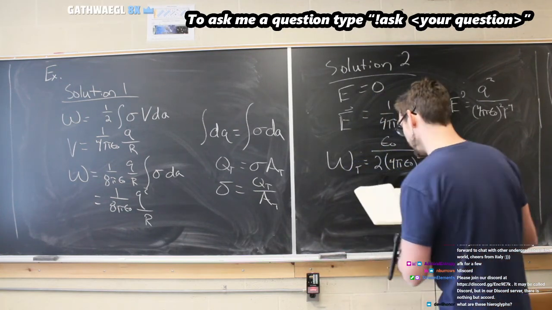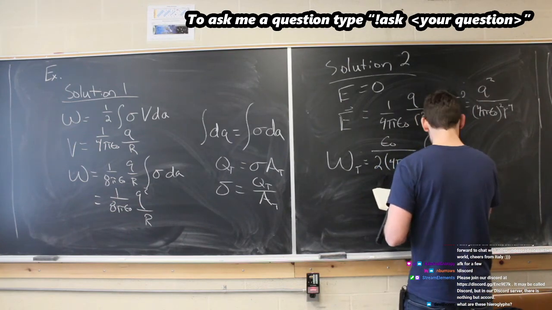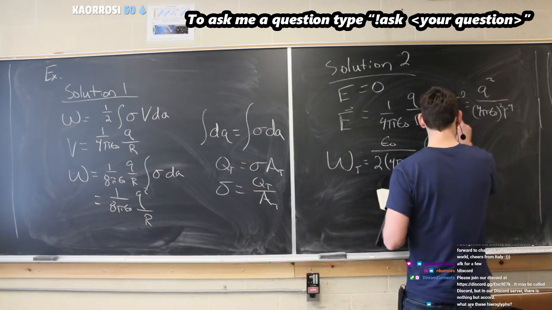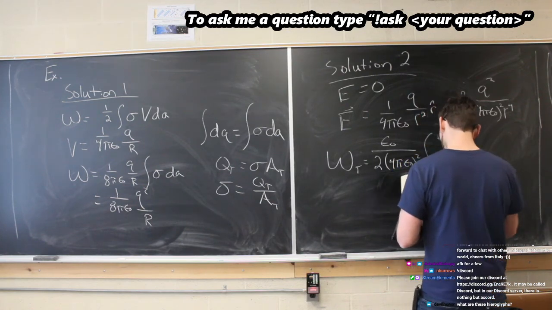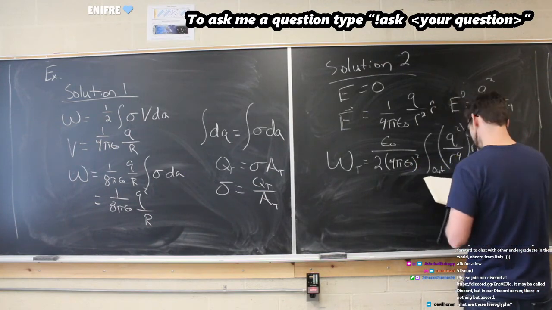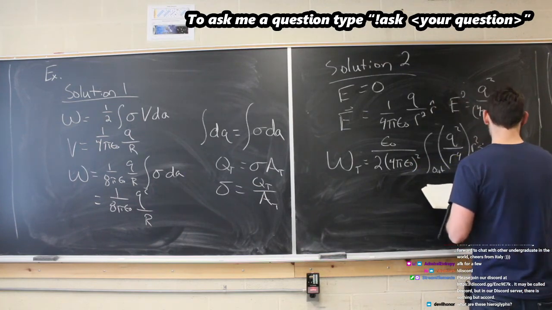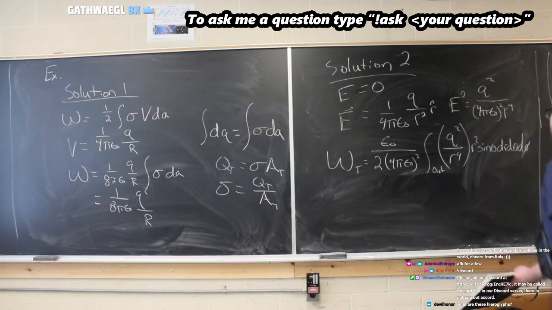Now again, I'm just doing the E squared on the inside. So Q squared over 4, or yeah, R to the 4th times, and here's where we get the rest of it, R squared sine theta dr d theta d phi. And this is what I was talking about.